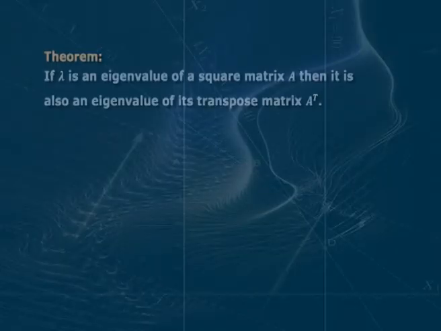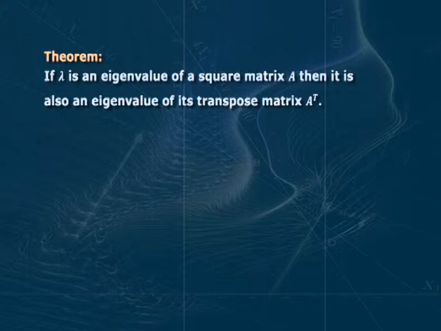We now record a few more interesting results regarding the eigenvalues and eigenvectors. Theorem: if lambda is an eigenvalue of a square matrix A, then it is also an eigenvalue of its transpose matrix A^t.